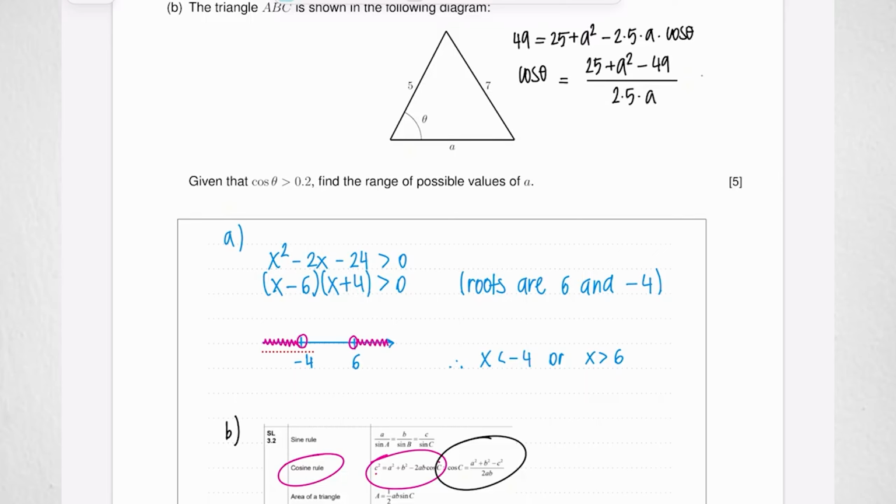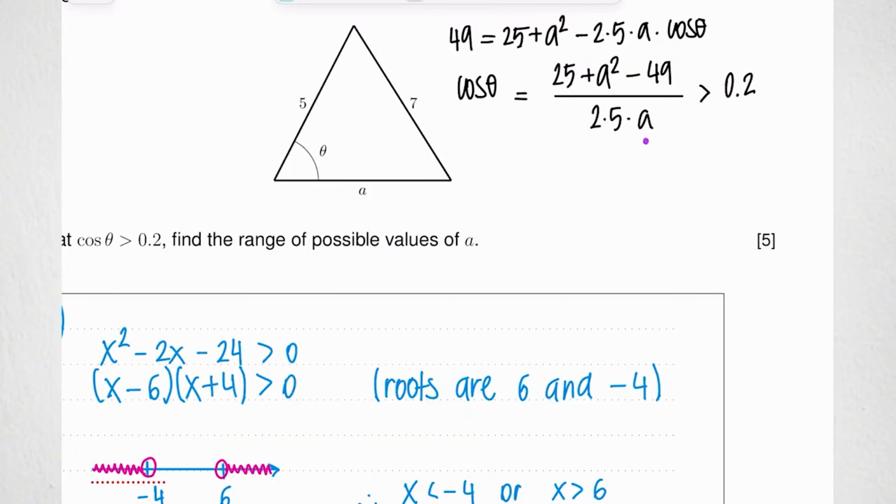And we know that cosine of theta is greater than 0.2. Therefore, given that a is positive and 2 times 5, of course, is positive, we can cross multiply, which is something that we need to be careful about when we have inequalities. Whenever we cross multiply negative numbers, we need to change the sign. In this case, we don't need to worry about it.